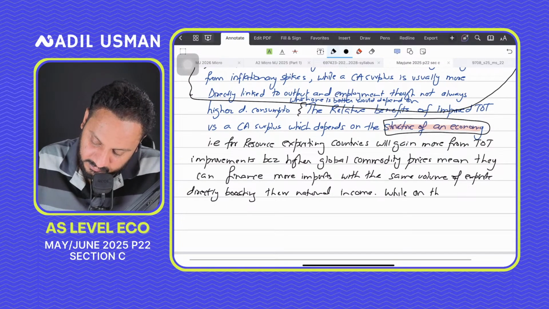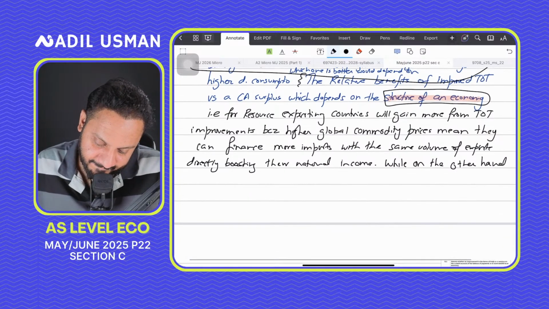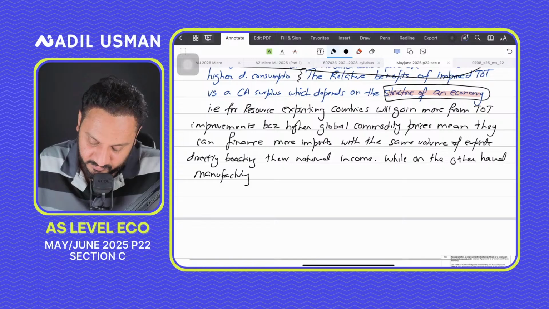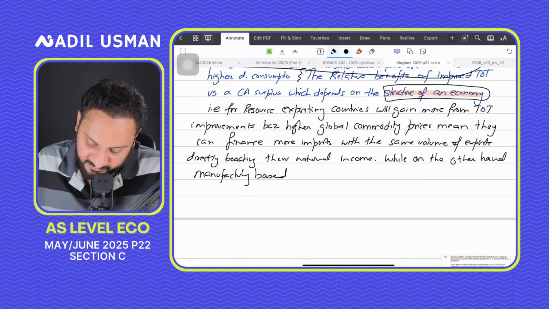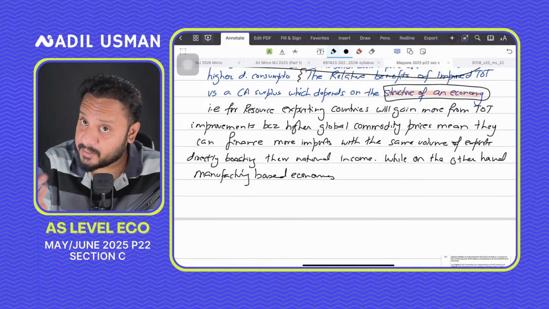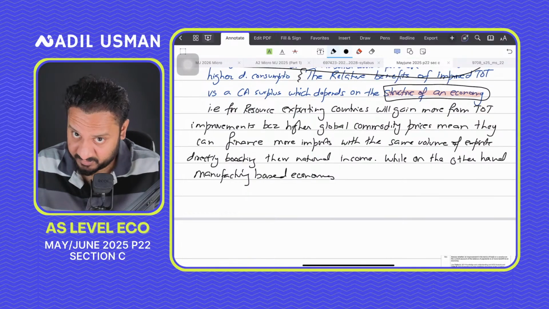While on the other hand, manufacturing based economies like South Korea, like China, China is a manufacturing based economy, right?